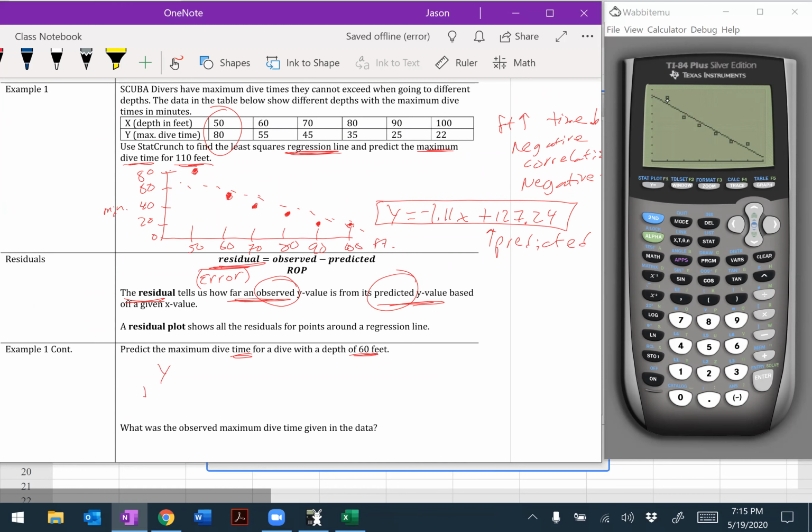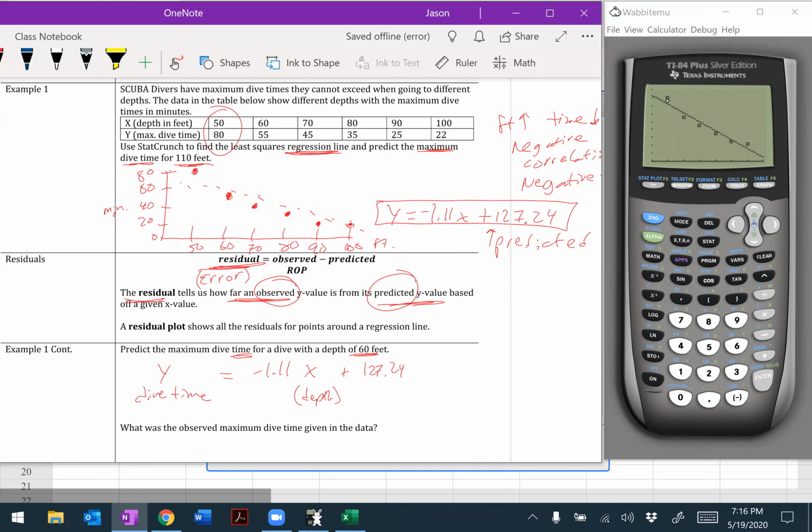So y, which is dive time, is equal to negative 1.11 times x, and what's x? X is the depth, plus 127.24.